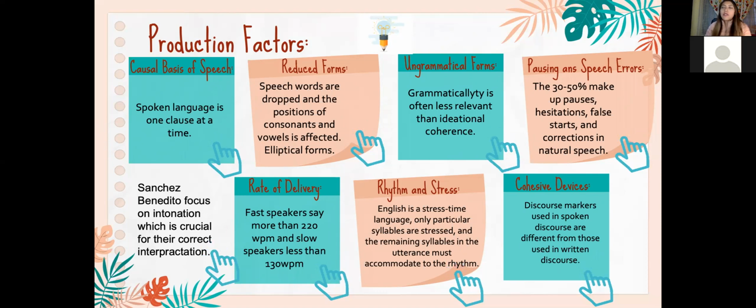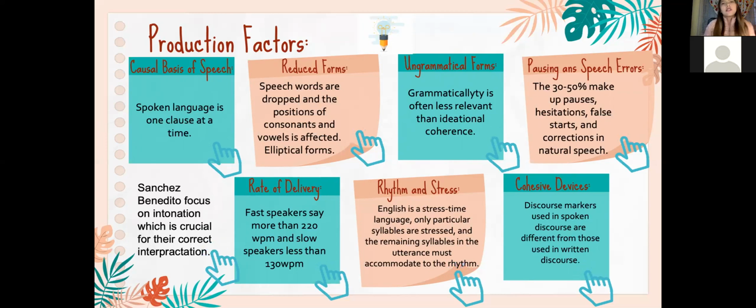About grammatical forms, it is focused on the idea that grammaticality is not of relevance; it is not considered this time. Pausing and speech errors are focused more on how pauses and hesitation could be present in natural speech.